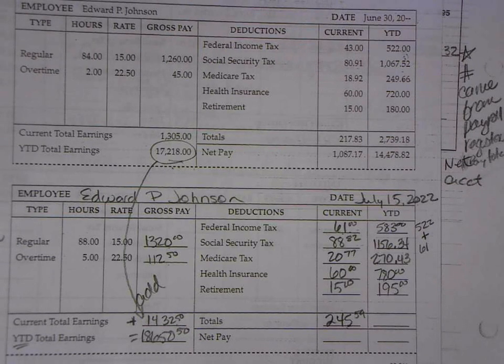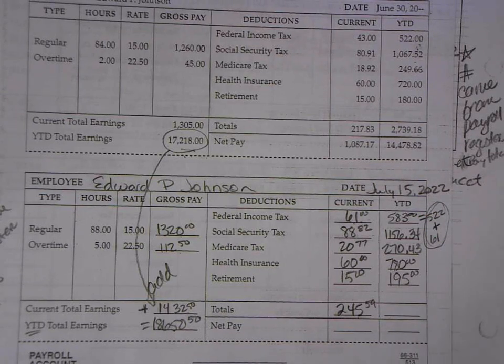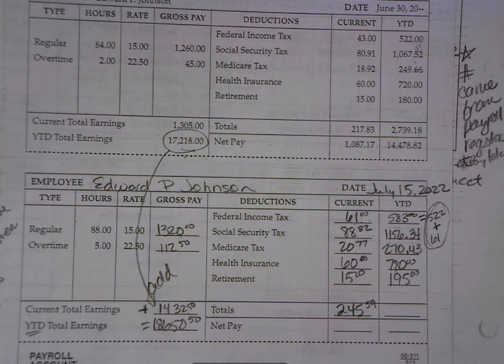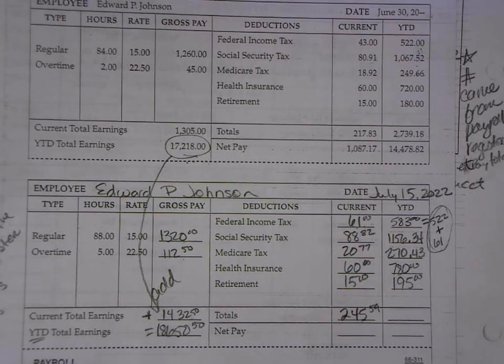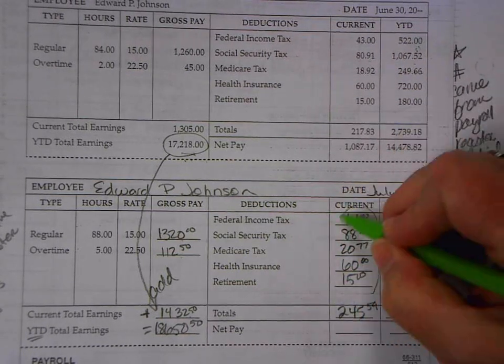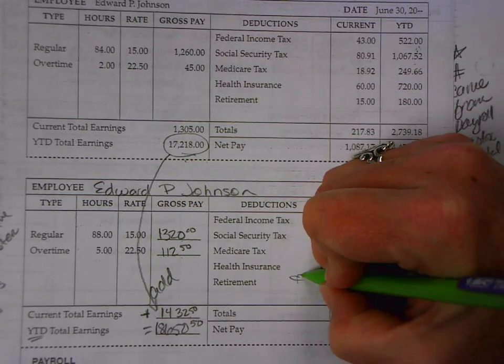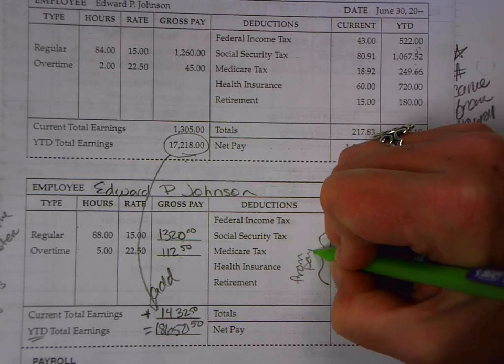If this doesn't help you figure that out, then make yourself a note. What do you need to write down to make sure you're adding all of that? And just a note here, these numbers, again, are from the payroll register.